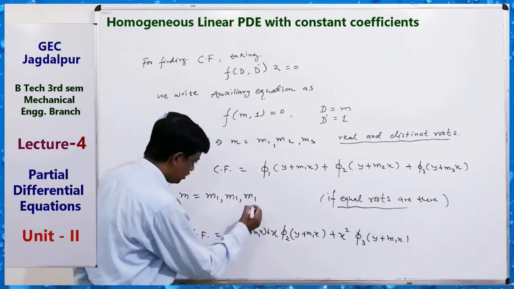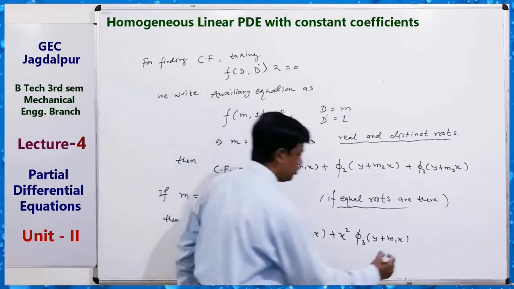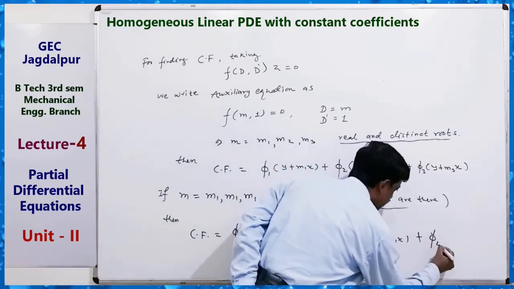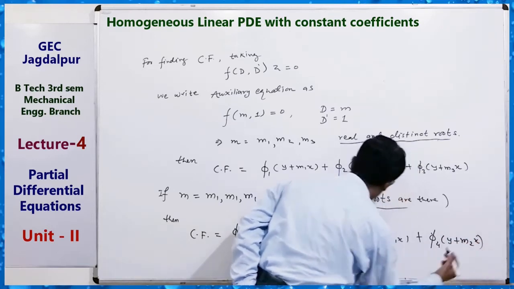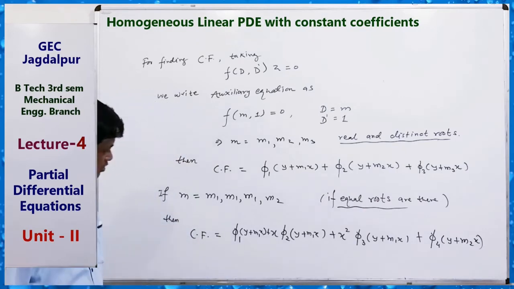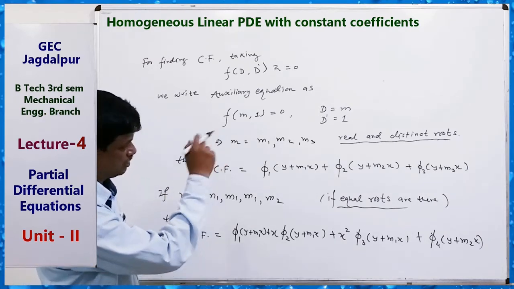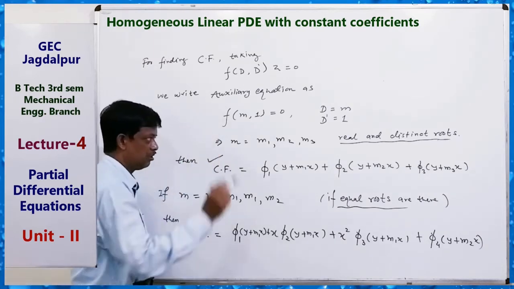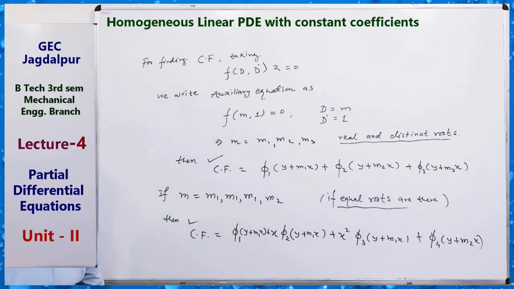If there is another root that is a different root, then you can add another function, phi 4 of y plus m2x. Then this will be the complementary function. Okay, equal roots and distinct roots. This is the equal roots case. If there are some equal roots, clear.